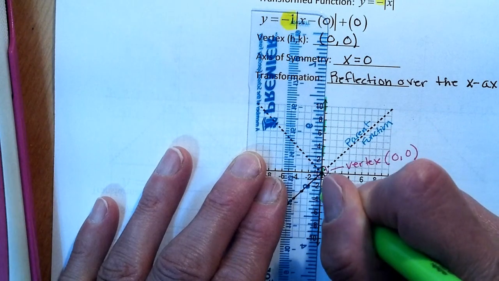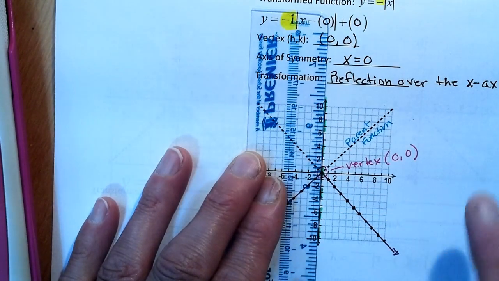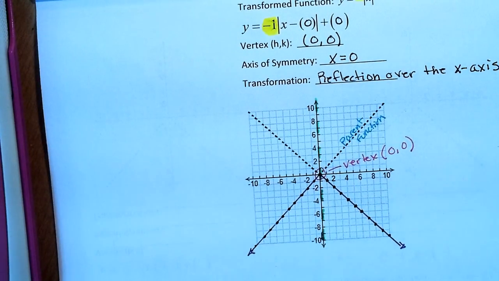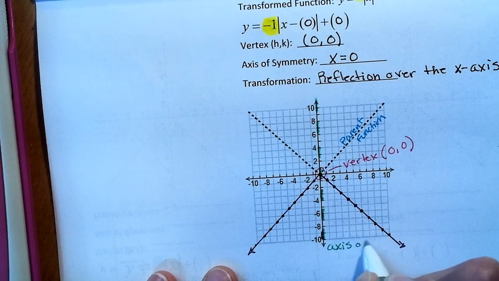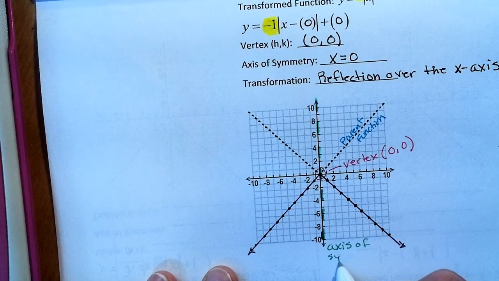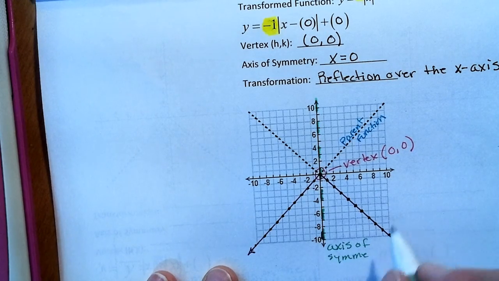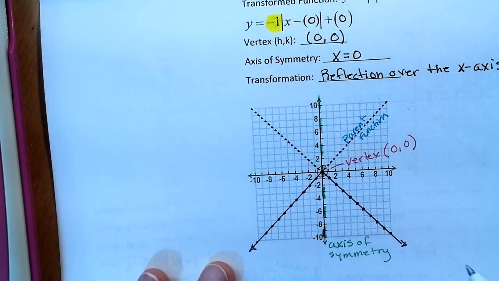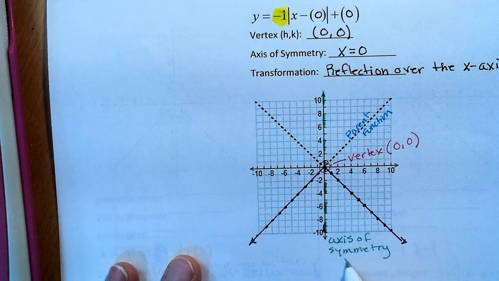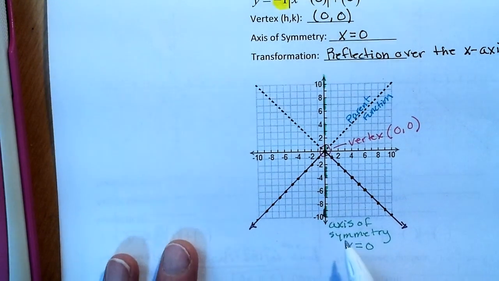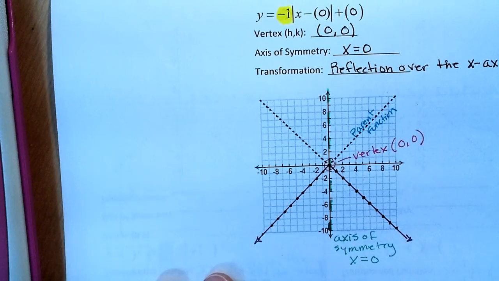So I've done quite a few examples where the axis of symmetry is the same as the y-axis. That is simply coincidence. It is not always that. So we'll see in the next video that we're going to put all these together, and you're going to see that the axis of symmetry is very dependent on where that vertex is. So the axis of symmetry in this case is the line x equals 0. You always express the axis of symmetry as an equation.